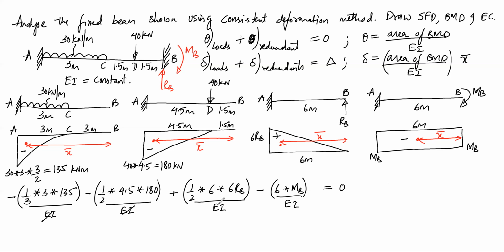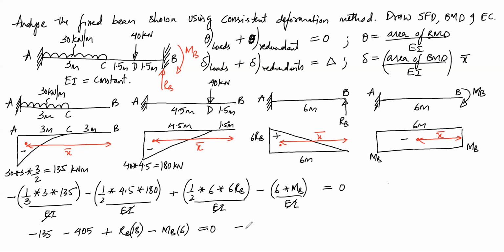We can take 1 by EI as a common factor and send it to the right hand side, which gets cancelled. And we can simplify these values as minus 135 minus 405 plus RB into 18 minus MB into 6 is equal to 0.